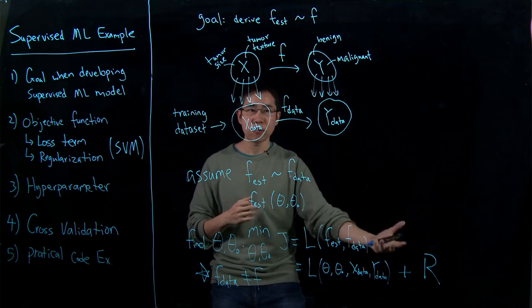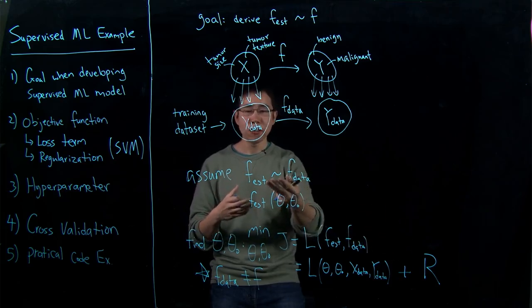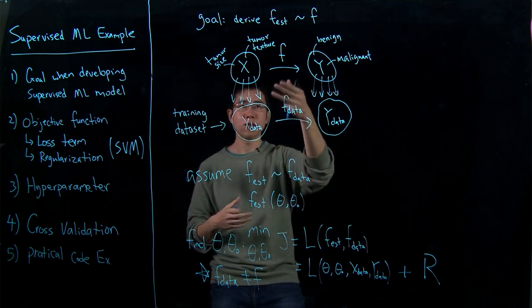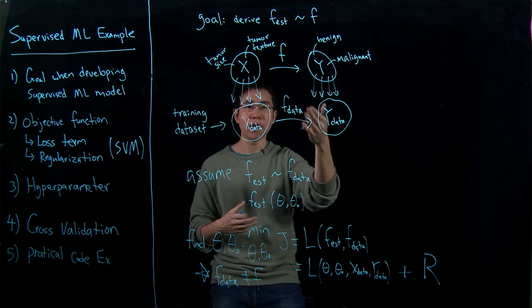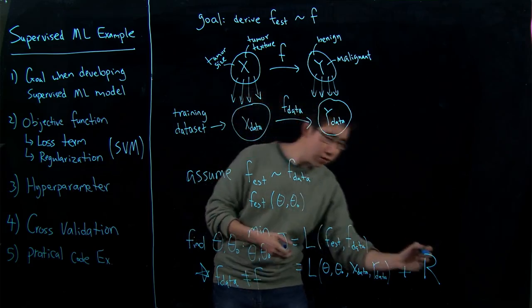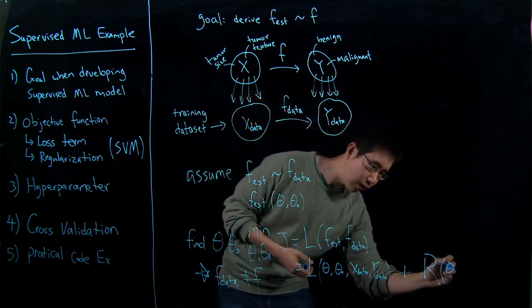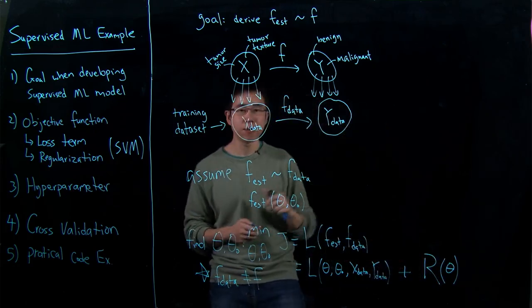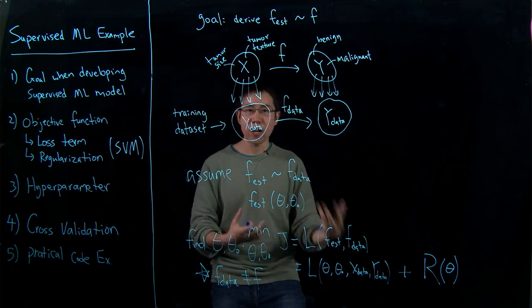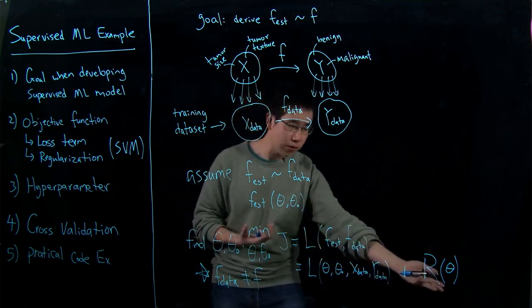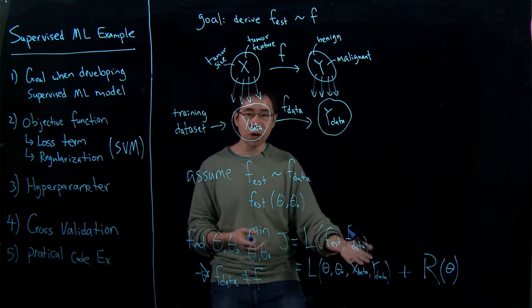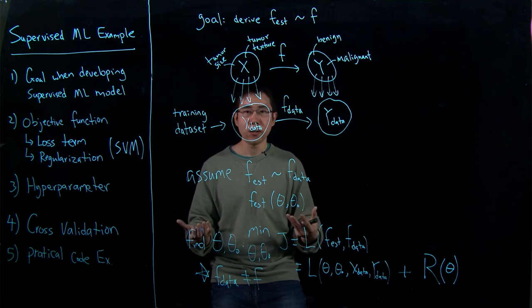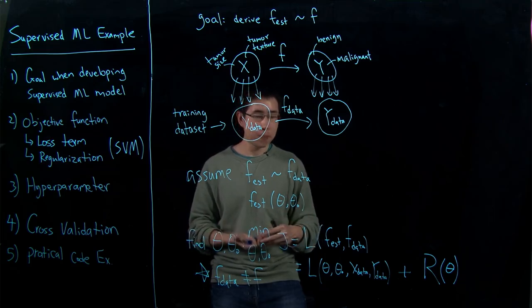So this regularization term allows our f estimate to be more similar to f and not to become too attached to approximating f data. And this term is again dependent on the parameter theta. And for different applications, this loss term and this regularization term may be different. And we will see what these are for the support vector machine in a later video.